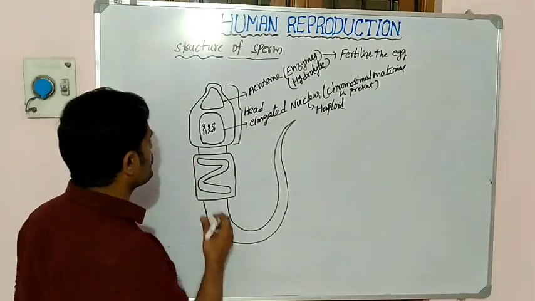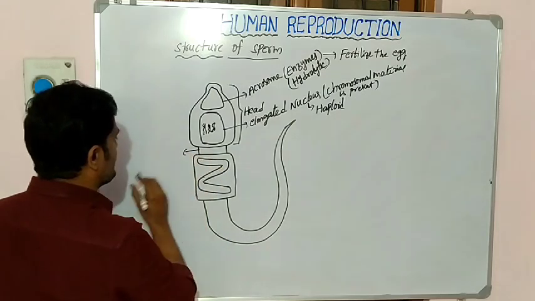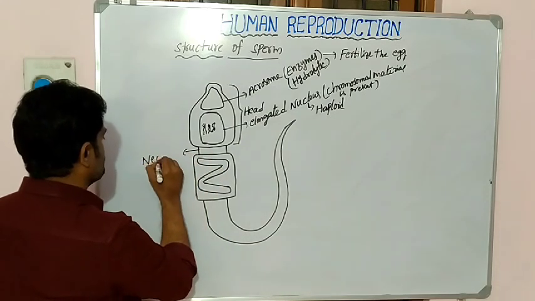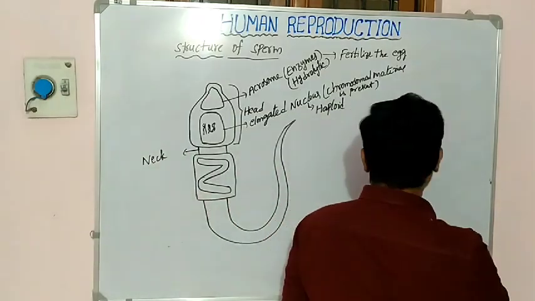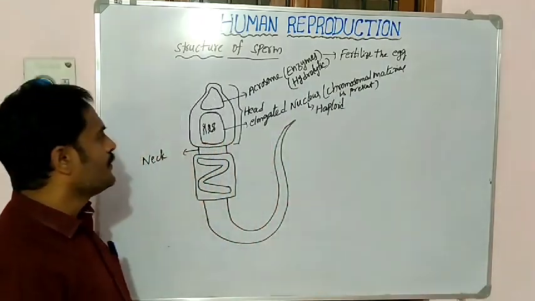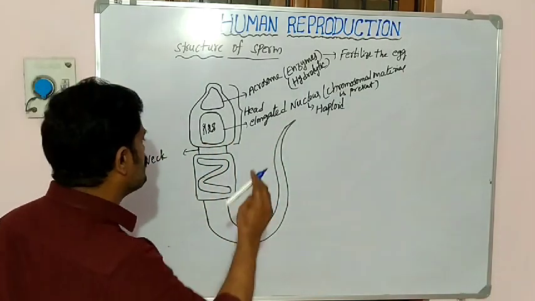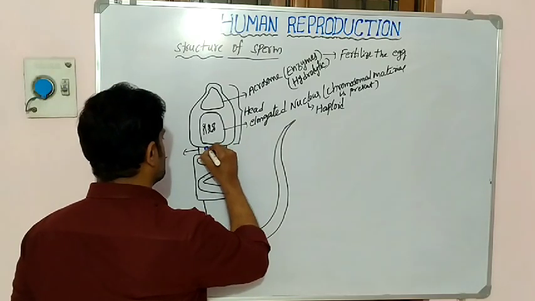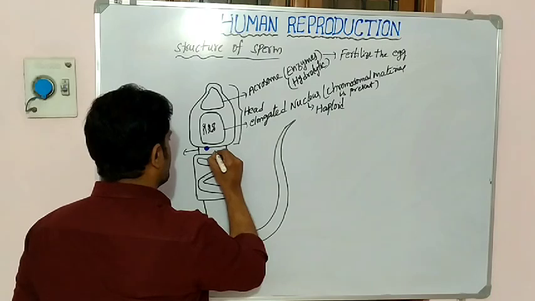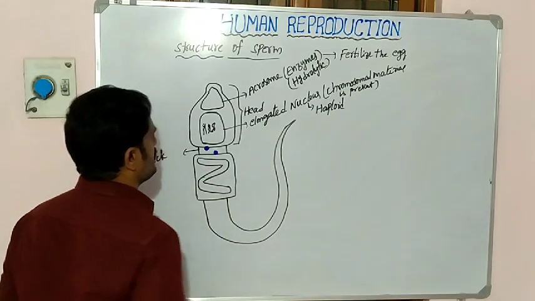Now coming to the lower part of the head, it is called the neck. The neck consists of two centrioles. Here one centriole is present and here one centriole is present.